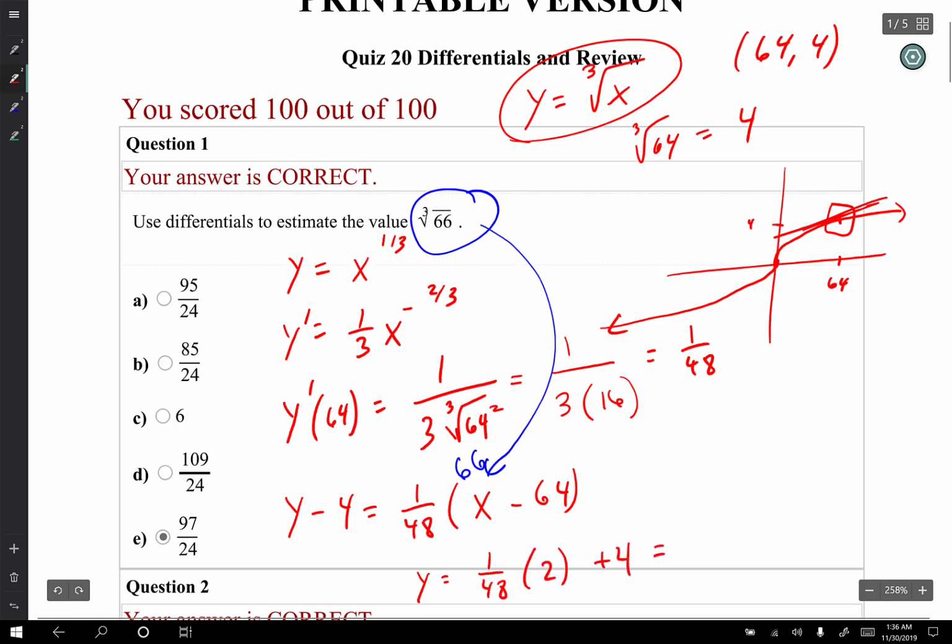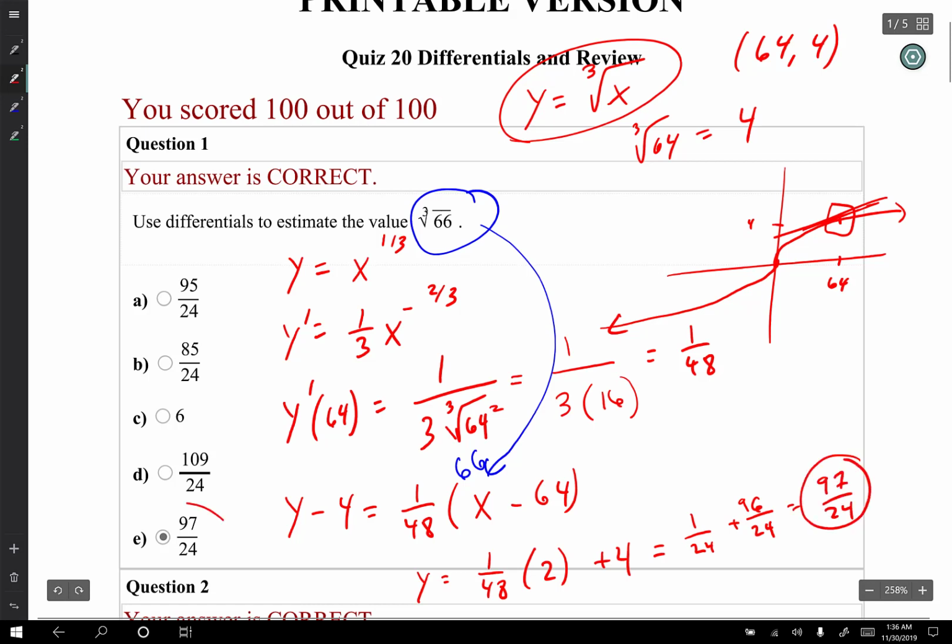Let's see what that is. 2 goes into 48 24 times, so I'm going to write 1 over 24 plus 4, and I need a common denominator. So I'm going to multiply 4 times 24, which is 96. So 96 over 24, and 96 plus 1 is 97, so there it is: 97 over 24.